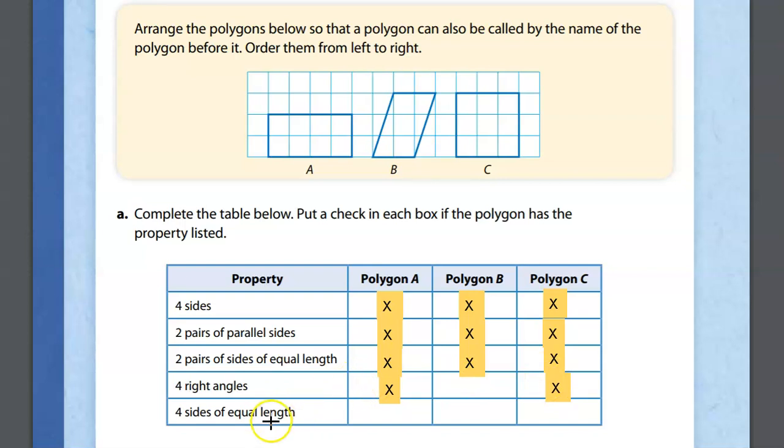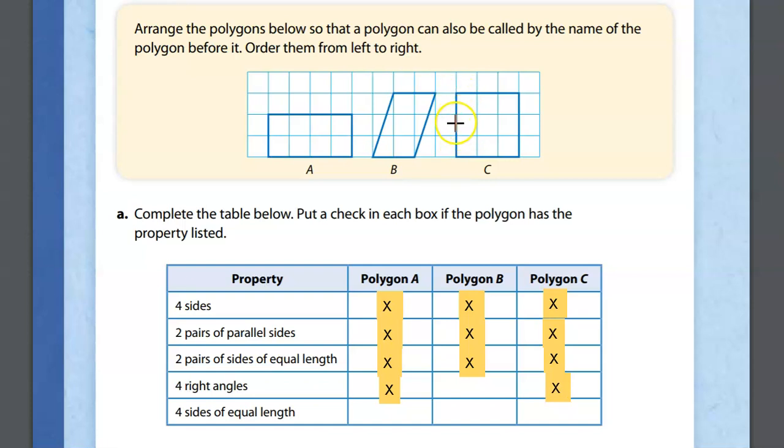Now let's go to our last one. 4 sides of equal length. Now, polygon A, it has these 2 sides that are of equal length, and these 2 sides that are of equal length, but not all 4. Let's look at B. These 2 sides are of equal length, and these 2 sides are of equal length, but they do not have all 4.